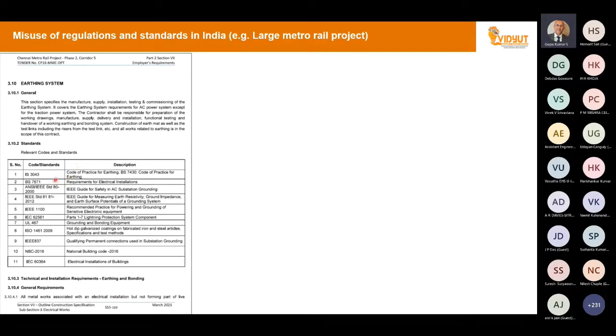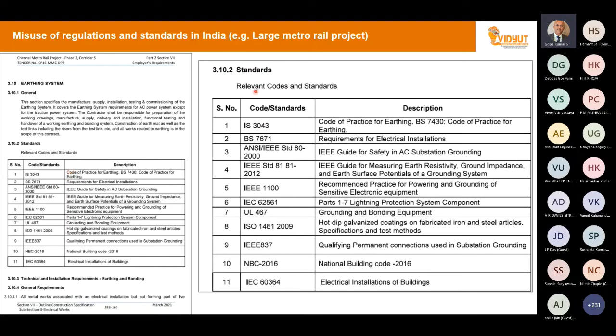You can see here the relevant compliance codes. They are saying IS 3043, Code of Practice of Earthing, BS 7430, Code of Practice of Earthing. I don't know whether what they mean is IS 3043 is a part of BS 7430 or whatever it is. Then they say BS 7671, then they say IEEE, IEC, NBC.